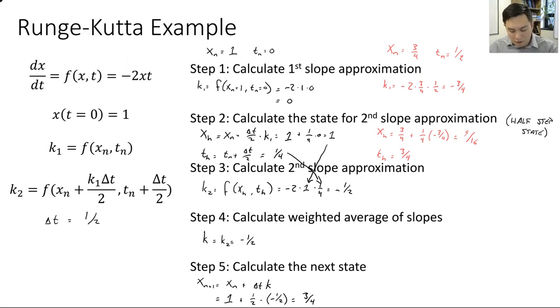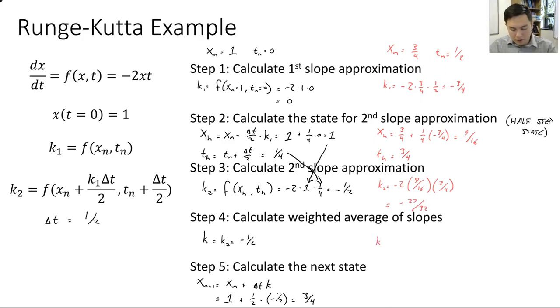Okay, our k2 value then would be equal to minus 2 times our x at our half-step state, which is 9/16, times our t at our half step, which is 3/4. And so that's going to give us a value of minus 27 over 32.